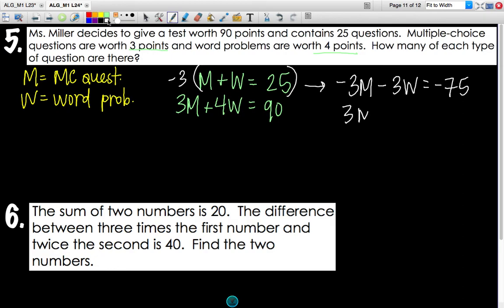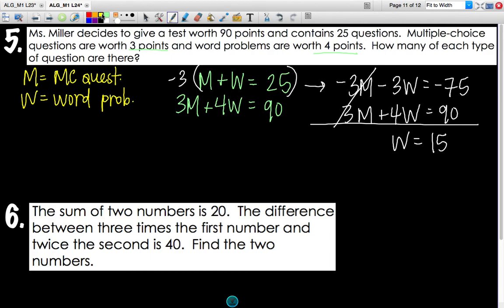Bring over my bottom. Negative 3w plus 4w leaves me with 1w equals 15. So I've got 15 word problems. So now let's plug that back in. Multiple choice questions plus word equals 25, which means I've got 10 multiple choice questions.